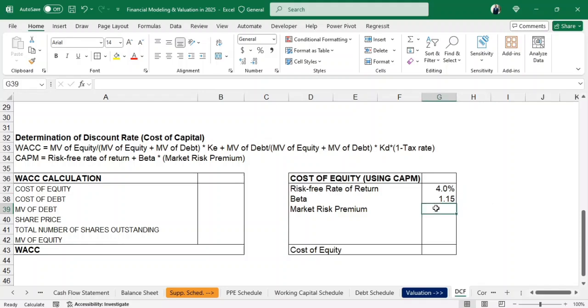Then you have the market risk premium. The market risk premium is the return in addition to your risk-free rate of return. And so from my checks, you can also search again. Just Google market risk premium. You will see a lot of sites, a market risk premium of Amazon stock or S&P 500.